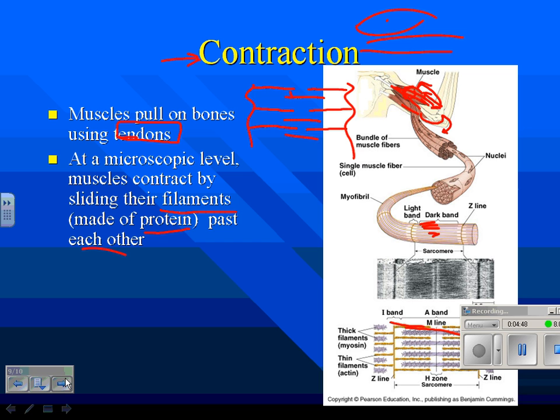These little things attach and pull, and that makes these strands come together because this has pulled them. So this muscle cell that was this far apart is now this far apart. We call that contraction. That happens all the way down the muscle cell. The whole muscle will contract.